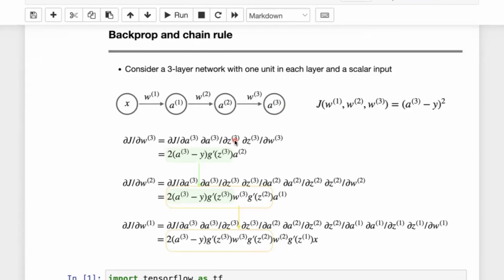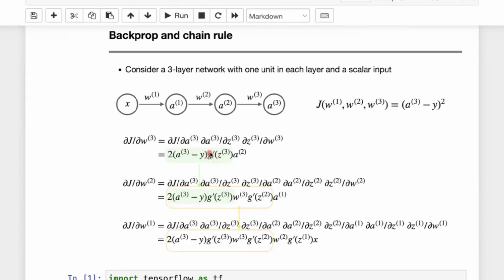But just to emphasize here, when we talk about neural networks, we don't have to just use the logistic function. This can be any nonlinear function, but this is a good analogy that we can use. And so given that, if we call that activation function g, now we can see that we have this derivative of the function g calculated at point z3, and then the partial derivative of z3 with respect to w3, right?